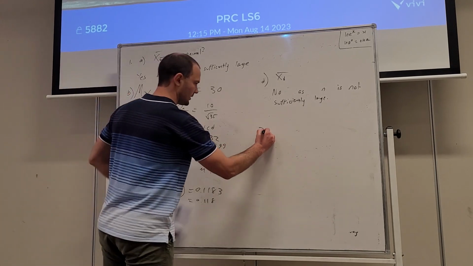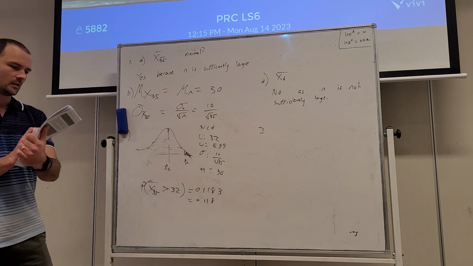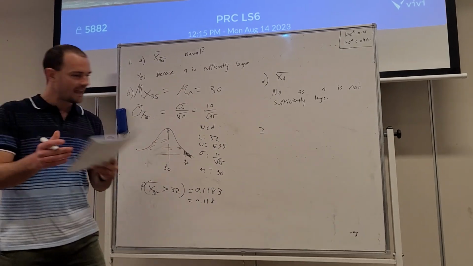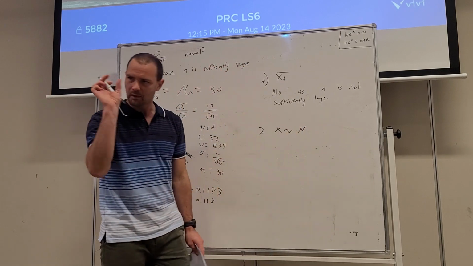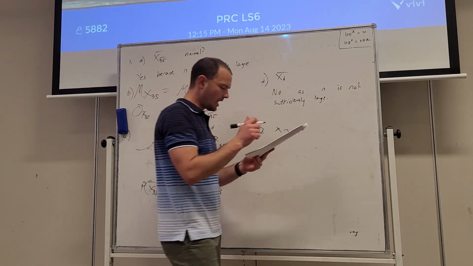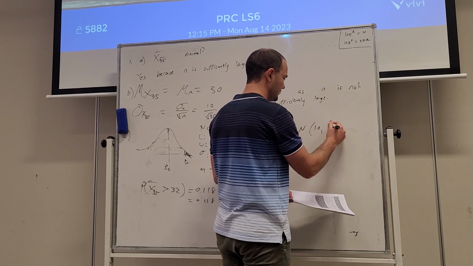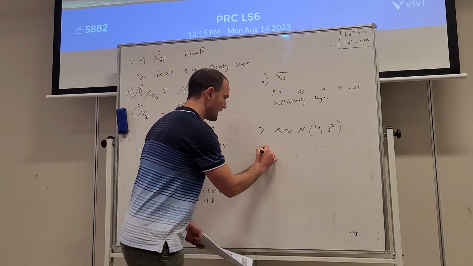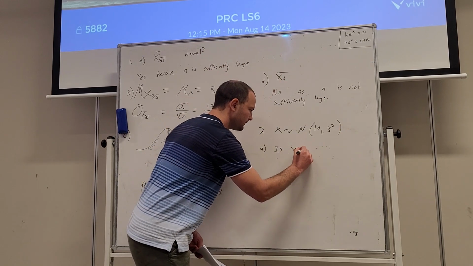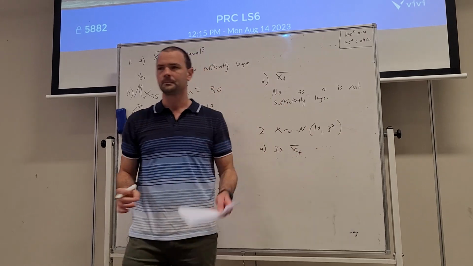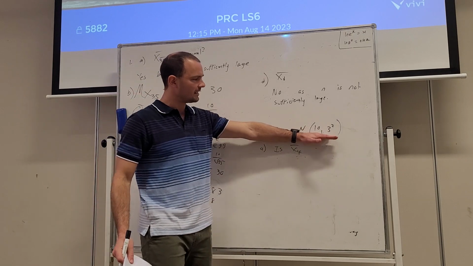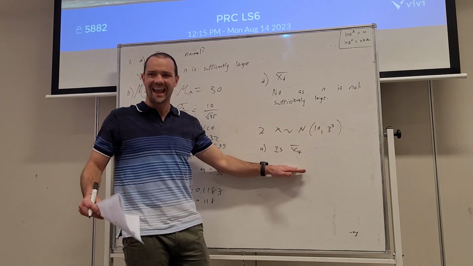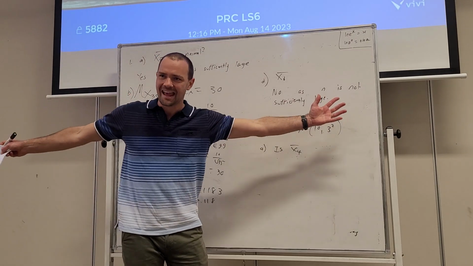I'm going to do that here because we don't need much room for question 2. All right, we're introduced to a new variable, and we're told this variable x is normally distributed, and it has a mean of 10 and a standard deviation of 3. Okay, part A says, is x4 normal? The answer is yes. If x is normal, then xn is normal for any n.